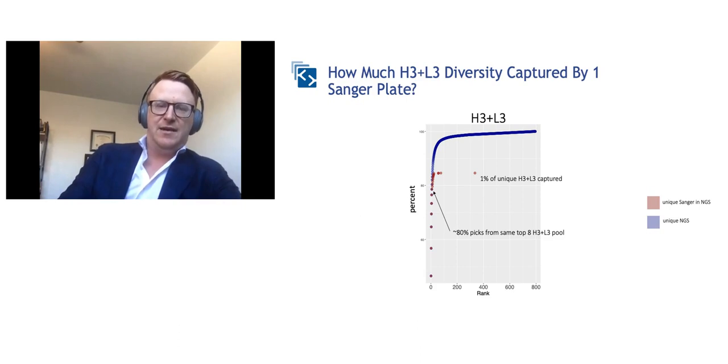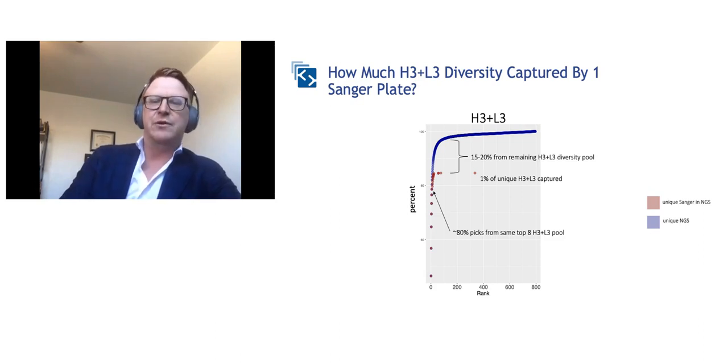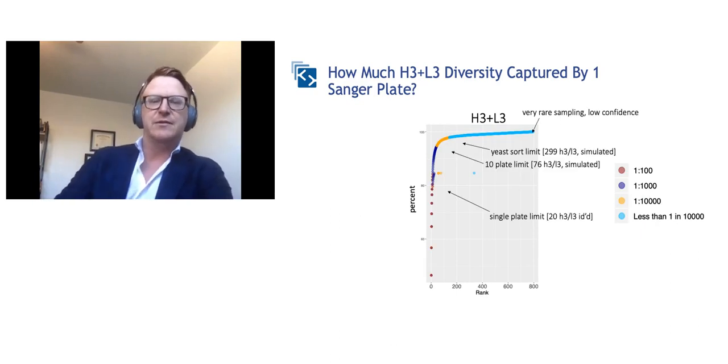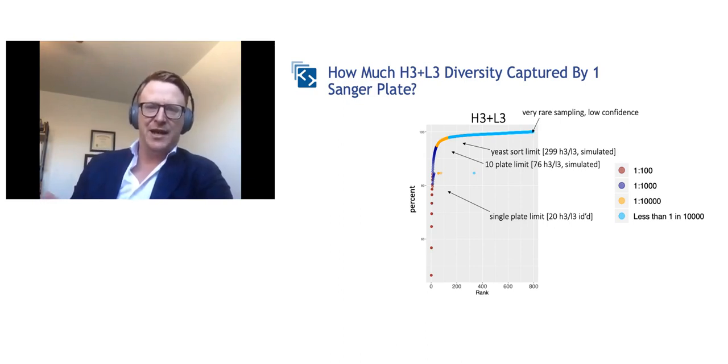Another phenomenon is that when you pick according to the power law, 80% of the picks are coming from the top 8 H3L3 pool. So that leaves about 15 to 20% from the remaining H3L3 pool that you're actually able to select from if you consider multiple plates downstream. If we consider sort limits, again, every organization has their own limitations on how much throughput they can conduct.